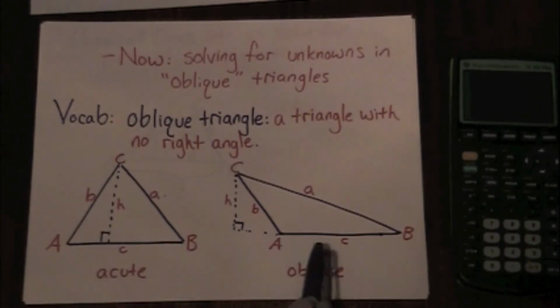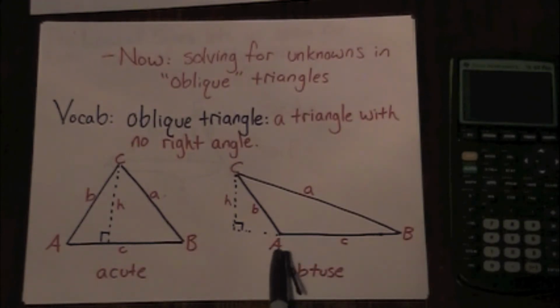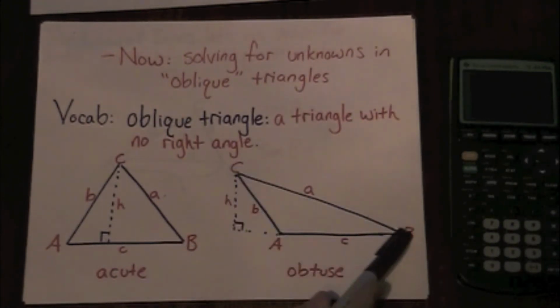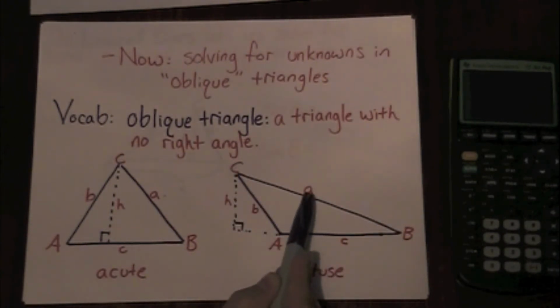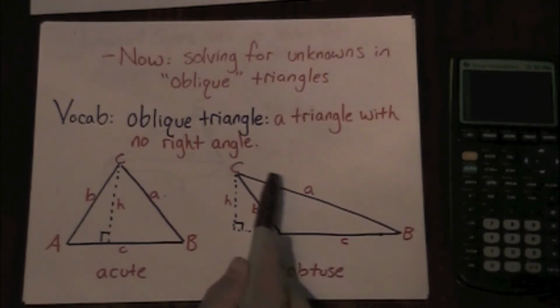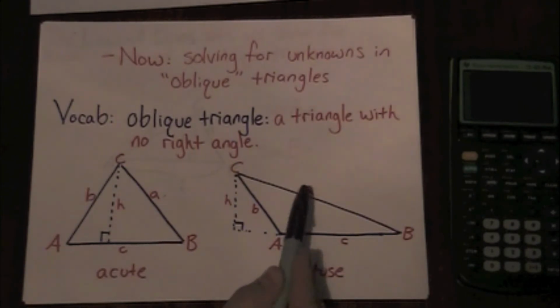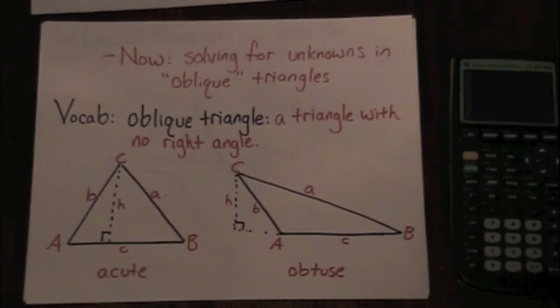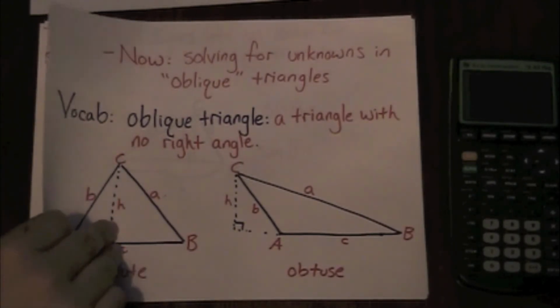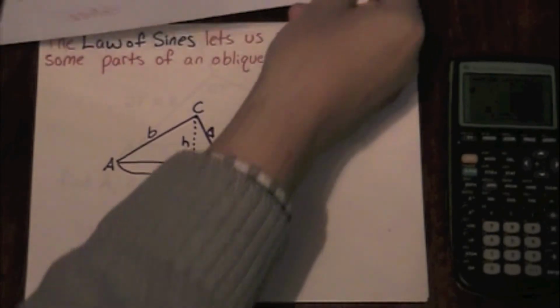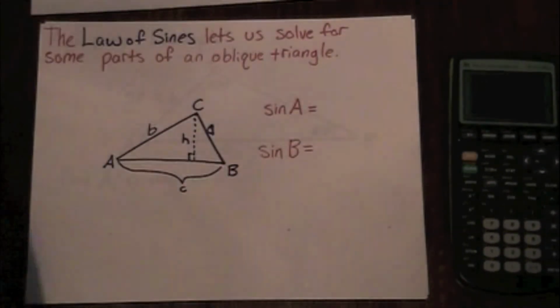The convention is to use the lowercase a opposite the uppercase angle A. So side BC has a length of a. Side BC is opposite angle A. And that really is going to come into play when we begin to take a look at the law of sines. So the law of sines is a way for us to solve oblique triangles.